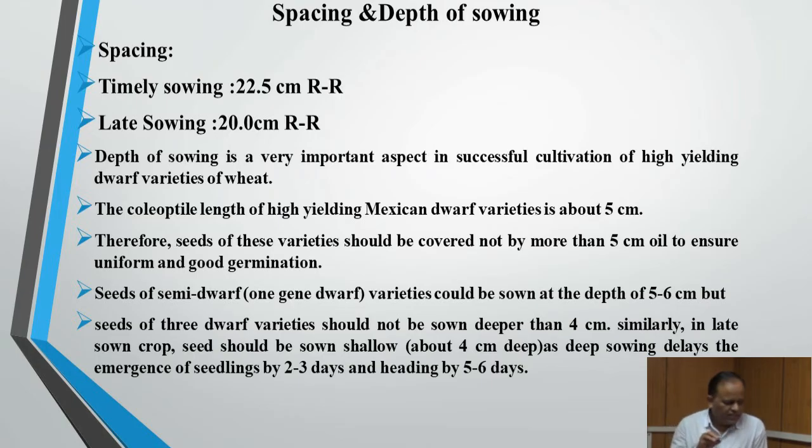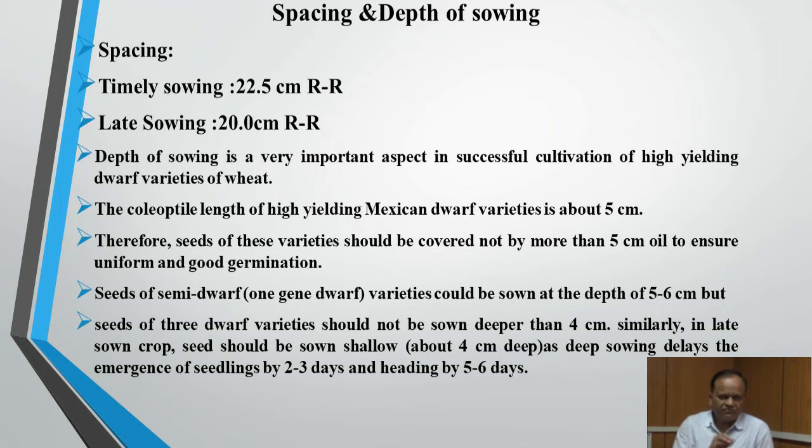So generally high yielding dwarf varieties have a very short coleoptile. The coleoptile length of high yielding Mexican dwarf varieties is about 5 cm. Therefore seed of these varieties should be covered not more than 5 cm.